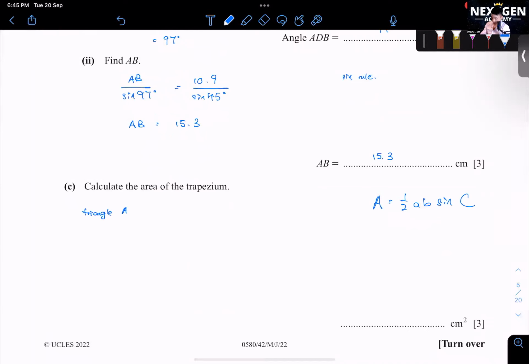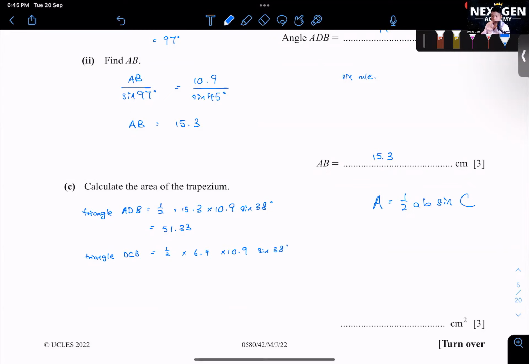Triangle ADB equals 1 over 2 times 15.3 times 10.9 sine 38 degrees. You'll get 51.33. Triangle DCB equals 1 over 2 times 6.4 times 10.9 sine 38 degrees.